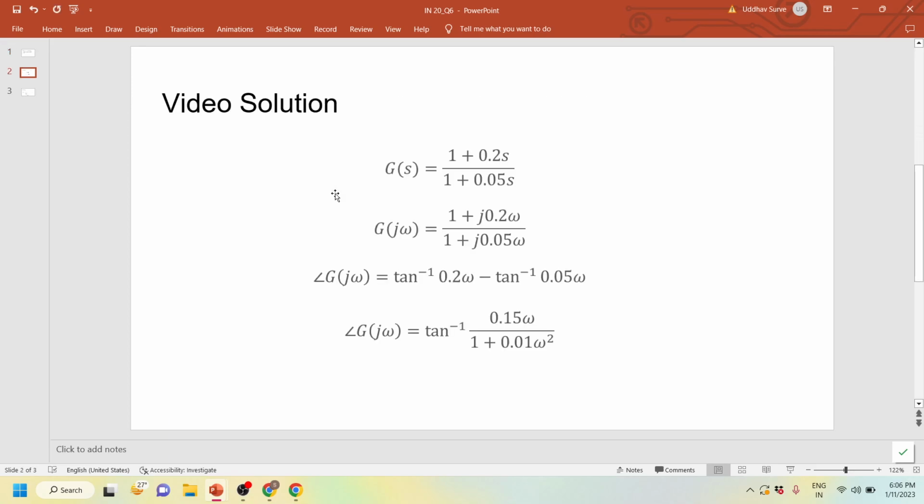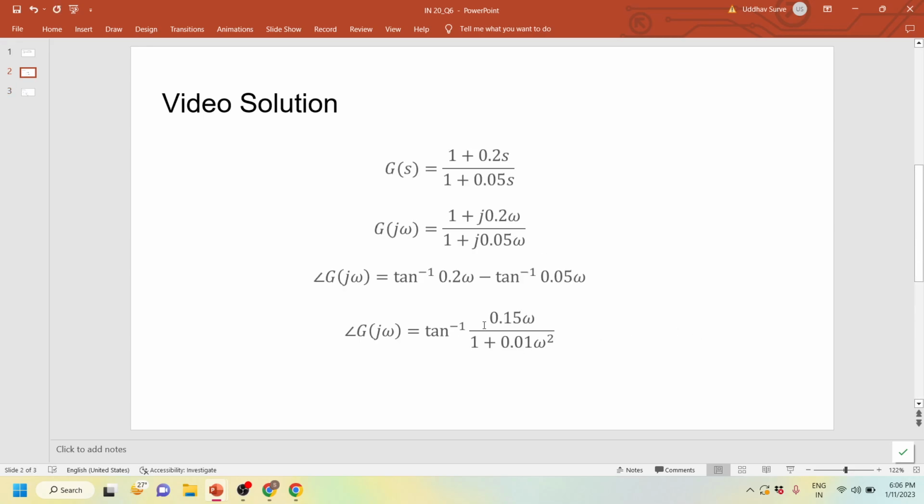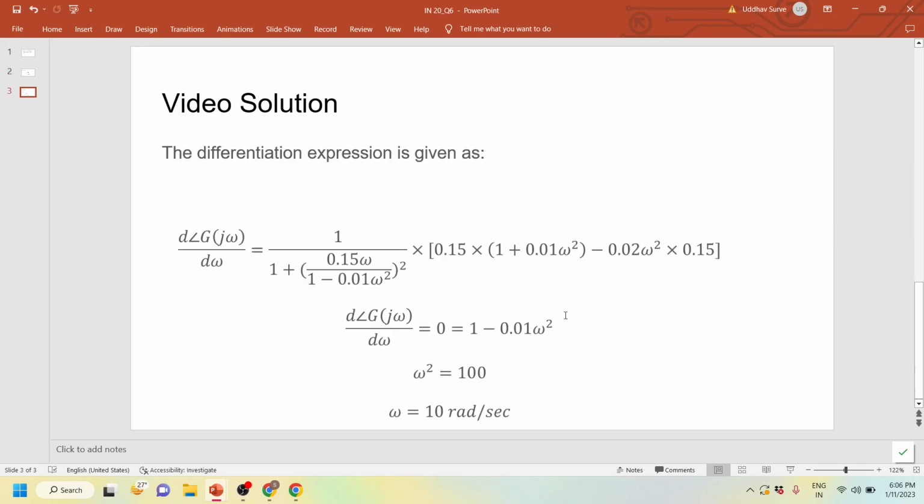So this angle represents the phase shift, and when we differentiate the angle of G(jω) with respect to ω, this tan inverse expression, we get this long expression, where the differentiation of tan inverse x is 1/(1 + x²).